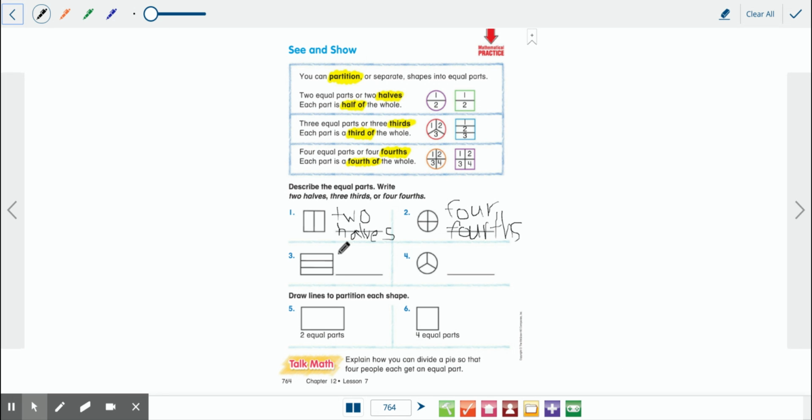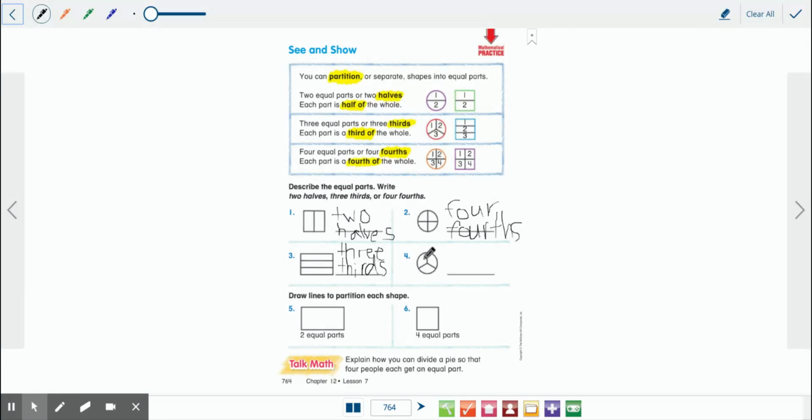I look at number 3. How many equal parts do I have? 1, 2, 3. So I have 3/3. Three-thirds.